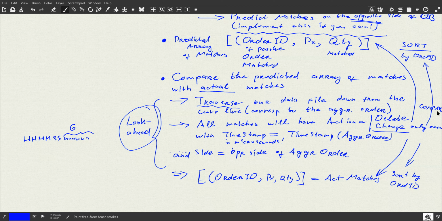And the timestamps of the original aggressive order and the sequence of matches could be very significantly different, not just in milliseconds, but sometimes in seconds. That was the way the data were recorded, because probably they used two completely independent streams for order book updates and for matches, and timestamps were not synchronized somehow.